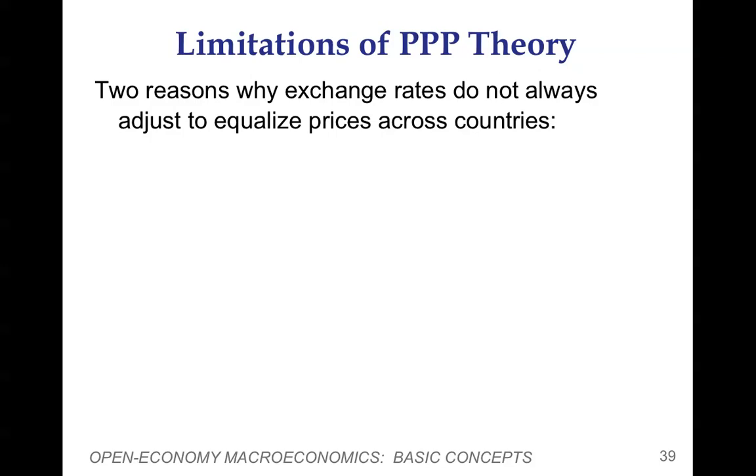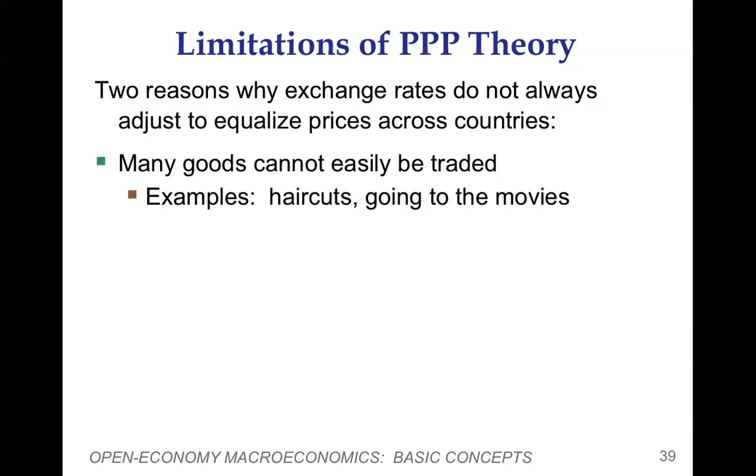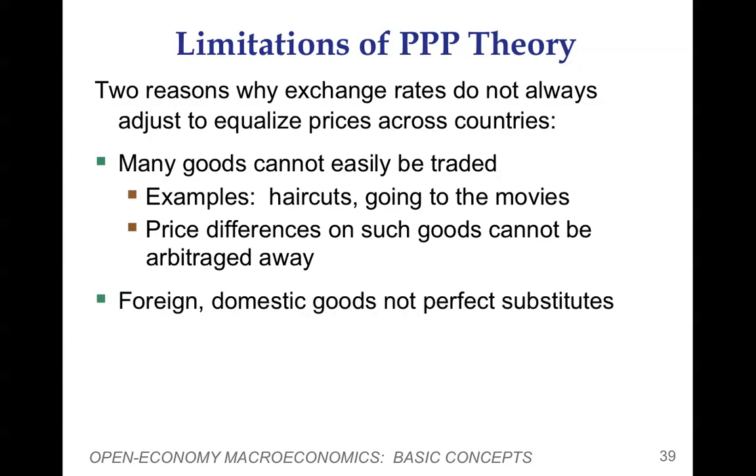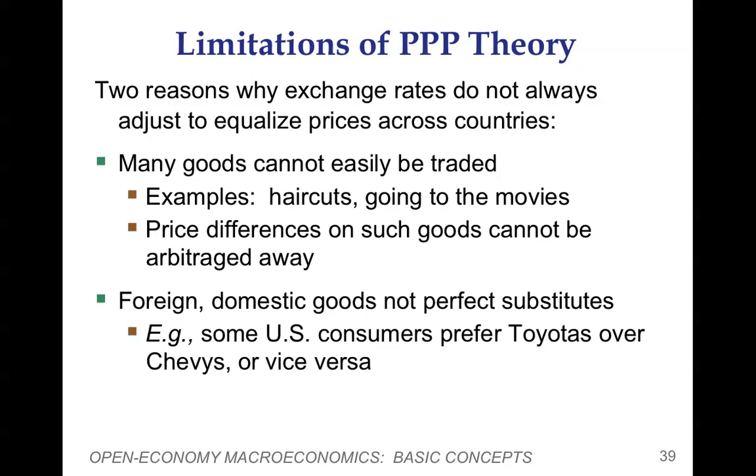Now, limitations: two reasons why exchange rates do not always adjust to equalize prices across countries. Many goods cannot easily be traded, like haircuts and going to the movies. Price differences cannot be arbitraged away. Also, foreign goods and domestic goods are not perfect substitutes.